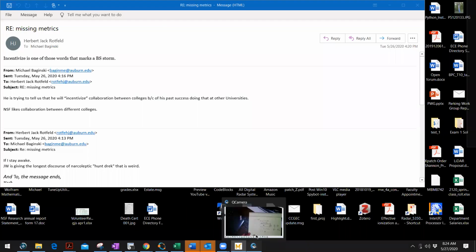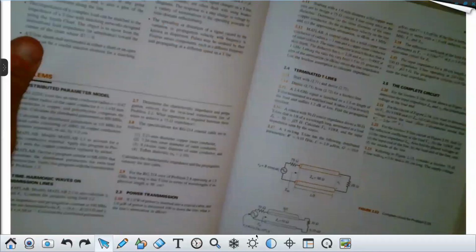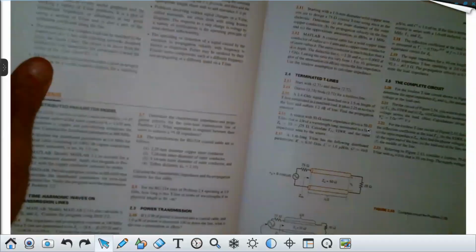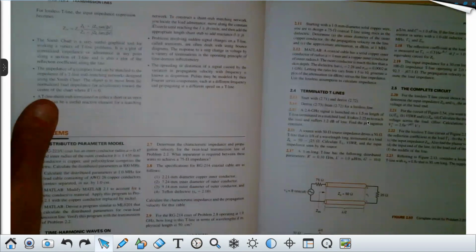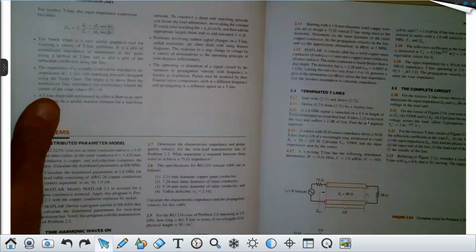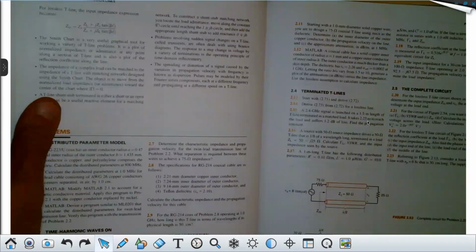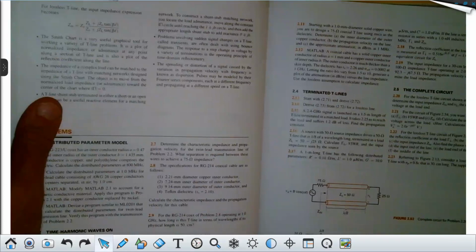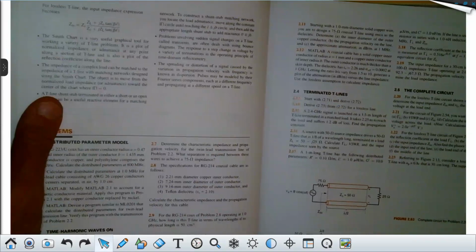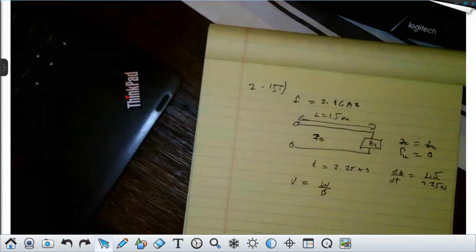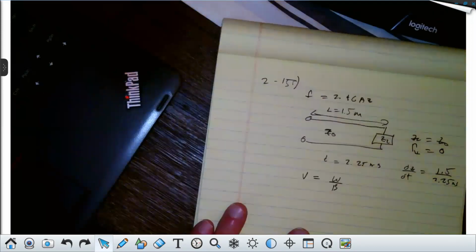I'm not used to having Whitworth's book be... Mine says 2.25. Yeah, mine says it takes 6.25 nanoseconds. You must have an addition or something like that. I think everybody here except you has 2.25. That's weird. But regardless, it doesn't matter.